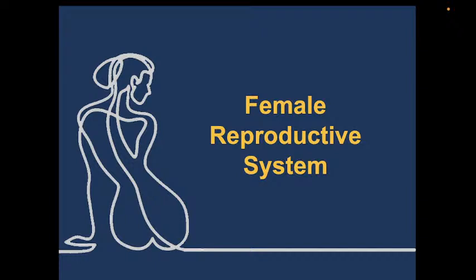Female reproductive organs ensure the maturation of the oocytes and create conditions for their fertilization and implantation of the ovum. That is a very important process. And then after implantation, female reproductive organs bear the fetus and carry out provision of labor.